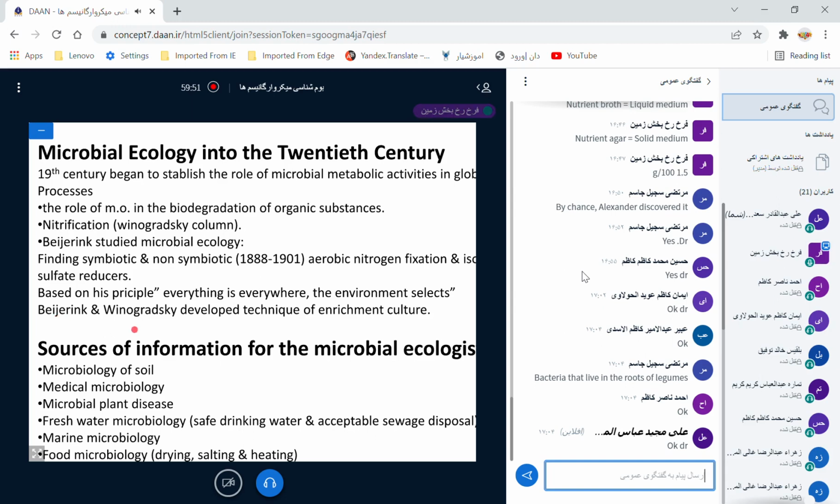Then we go to heritage of culture. Some microbes are easy to grow. But some microbes have problems in their metabolism. They cannot produce some organic matters.